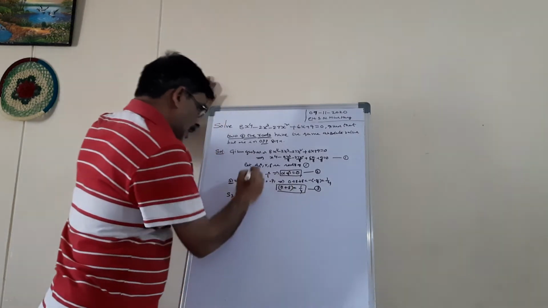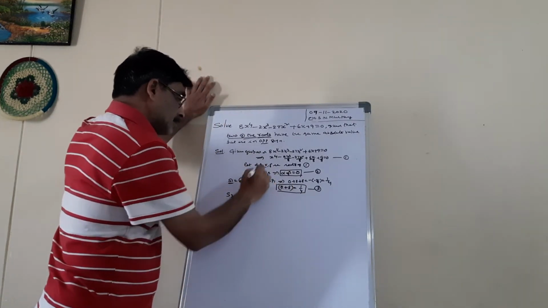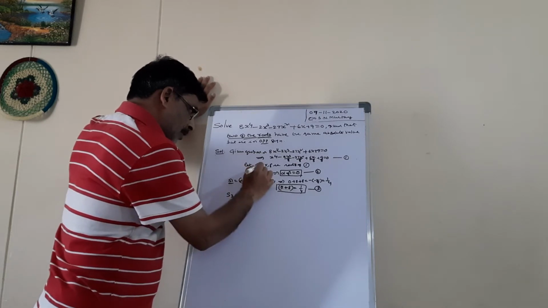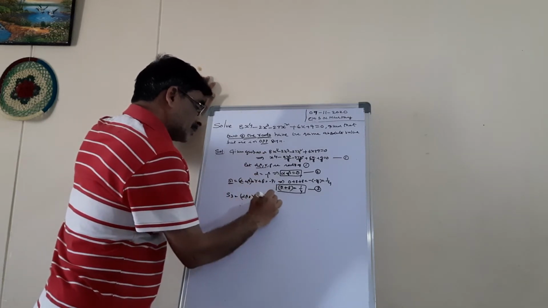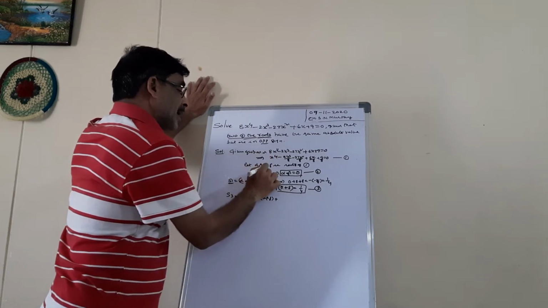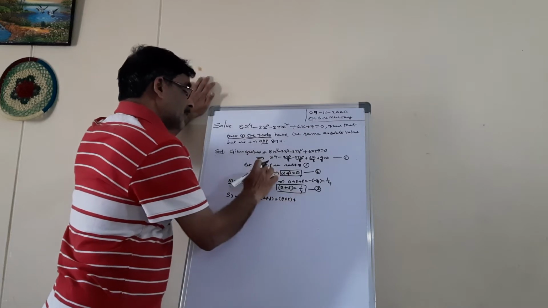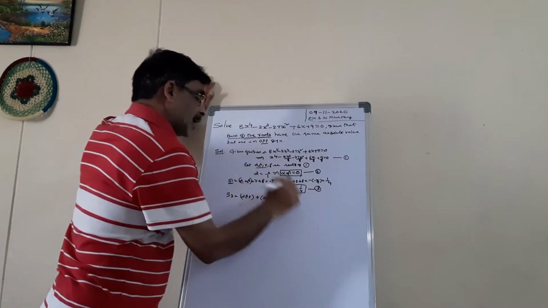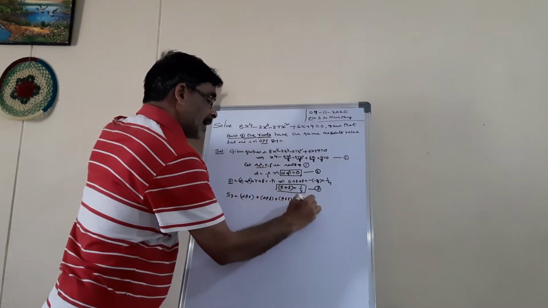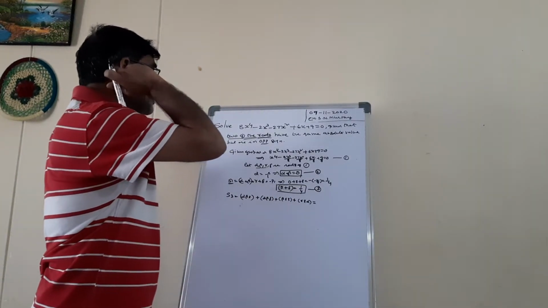Alpha beta gamma plus alpha beta delta, next beta gamma delta, and then gamma delta alpha. Three roots you have taken at a time. What is this value?